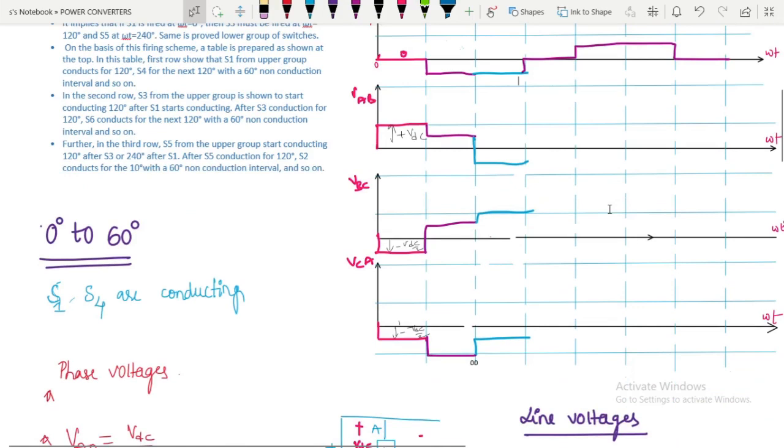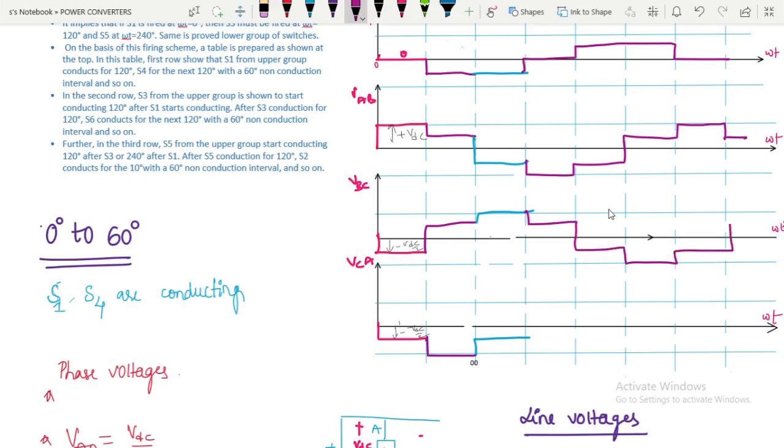Likewise the line voltages VAB, VBC, VCA will be like this. And here the VCA will be like this.